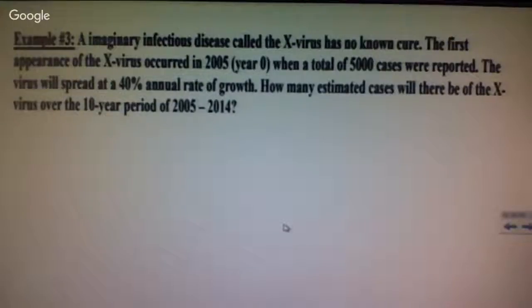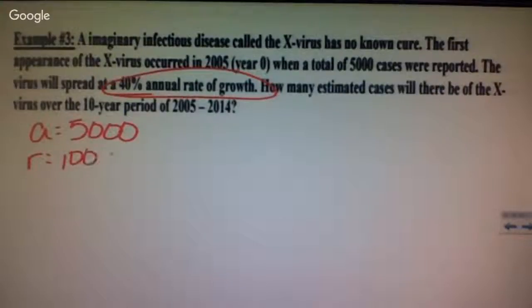So, A is 5,000. We start with 5,000 cases. R is 1.4. It's a 40% rate of growth, so it has to be 40% above 100, which is 140%, which is 1.4.